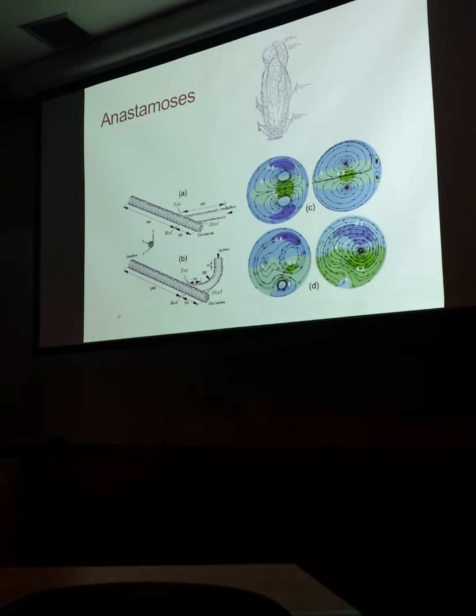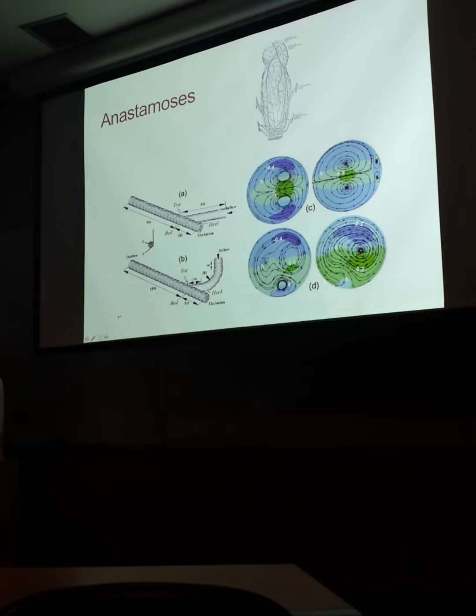And these are some models that were produced by a research group that was trying to improve grafting, so vascular grafting for limb or digit replacement.